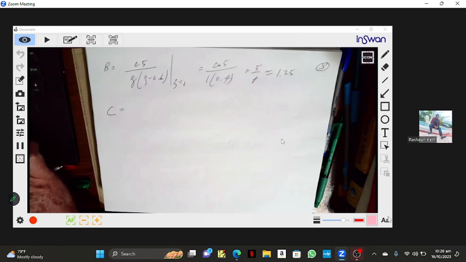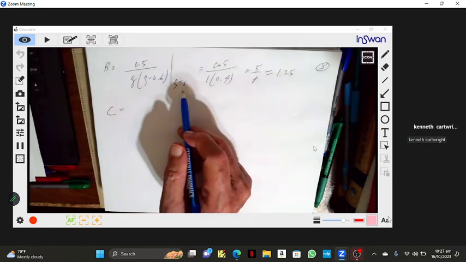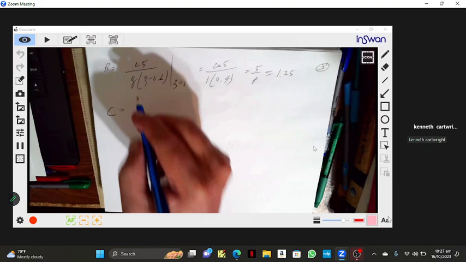No, I'm talking about where you have 0.5 over 1 bracket 0.4. You're asking me where I got 0.4 from? Isn't that what you asked me? Yes, sir. I am substituting Z equals 1 into this.